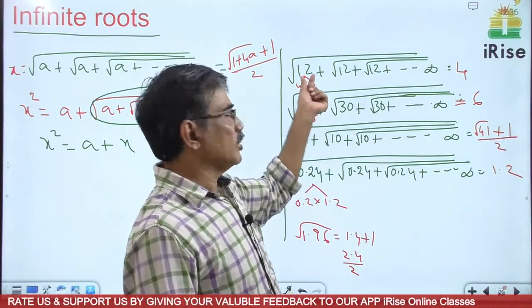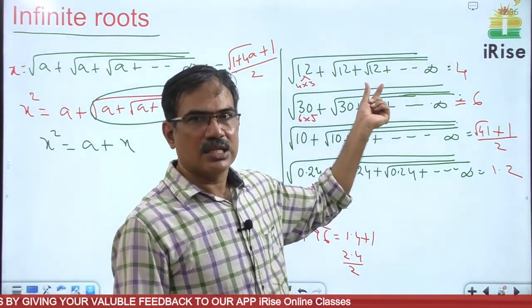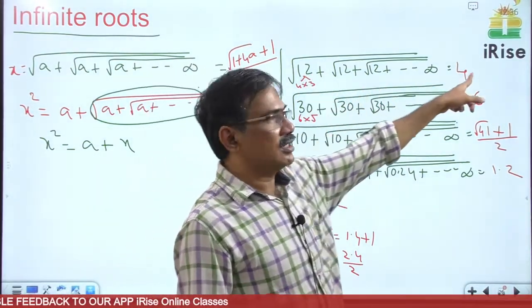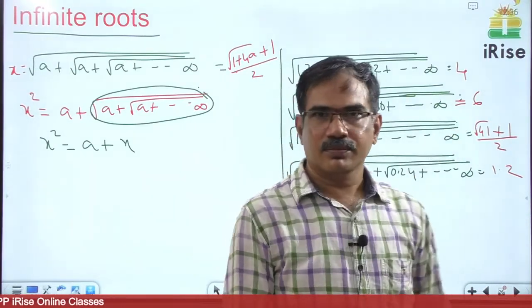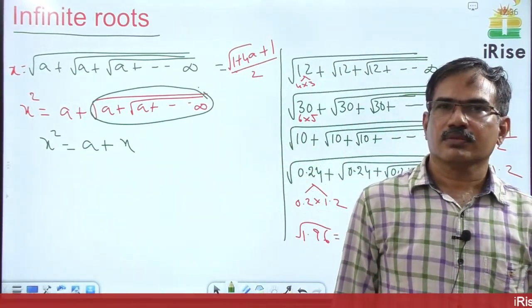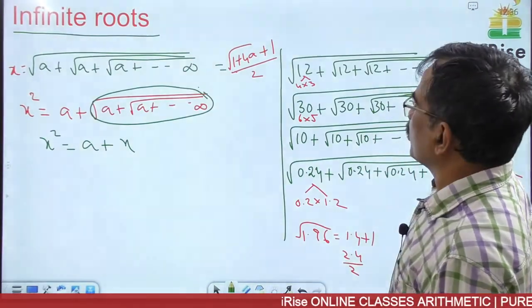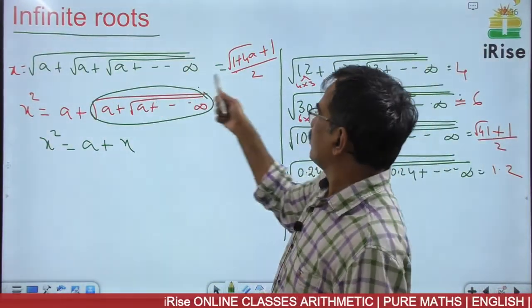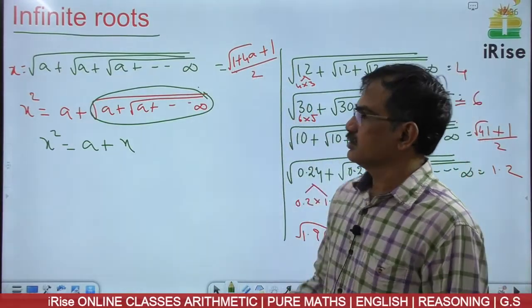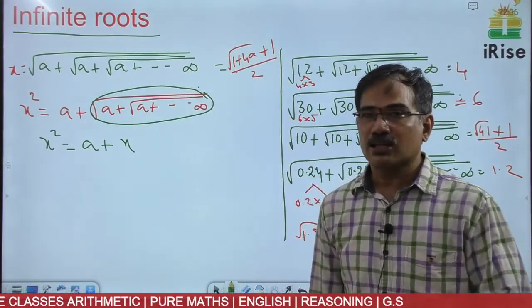Root 12 is nothing but 2 root 3, an irrational number. But the answer is a rational number. How? This is not the exact value, this is an approximate value. Please note, the approximate value of this one is this, not the exact value.